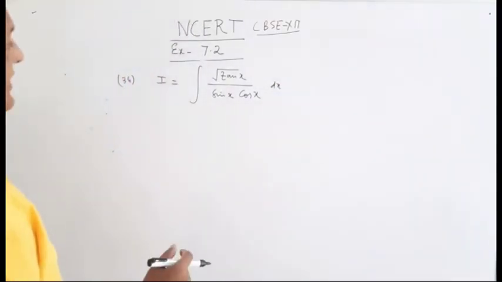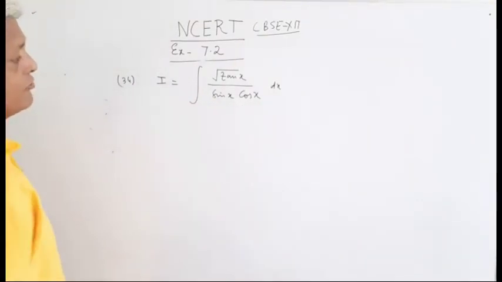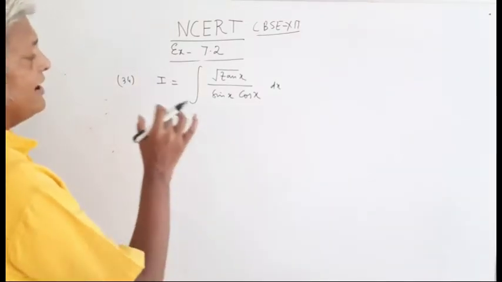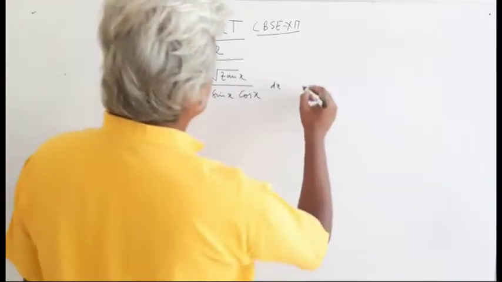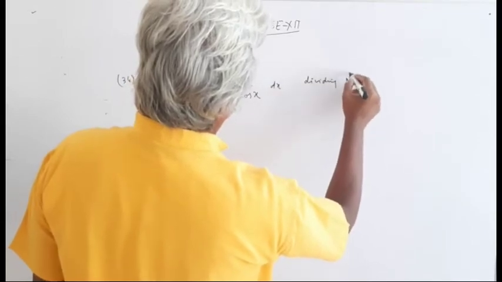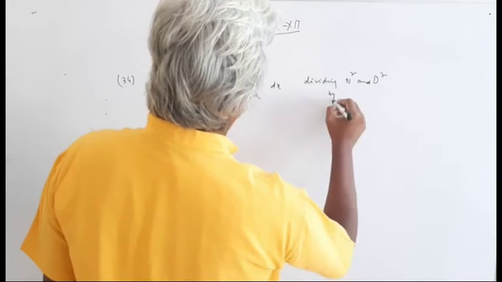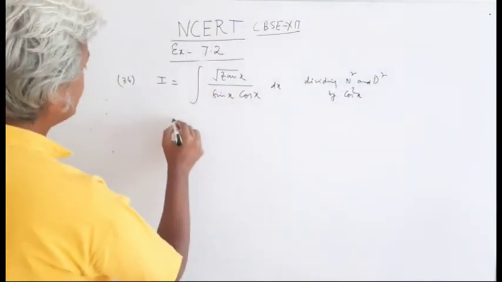If I divide both numerator and denominator of this expression by cos square x, then we can get a better term. So, dividing numerator and denominator by cos square x, what do you get?